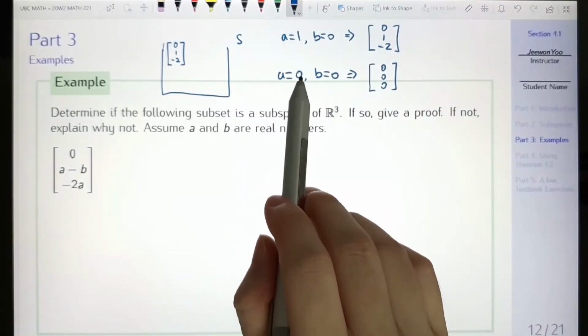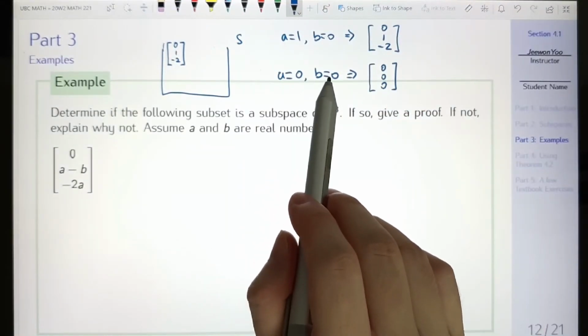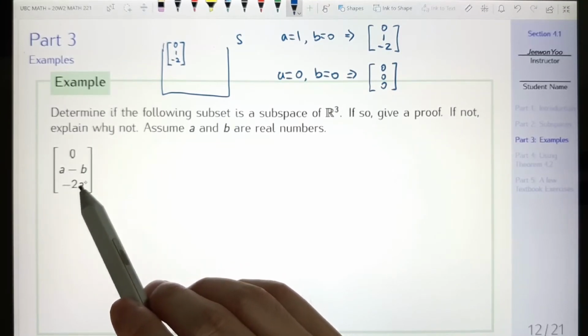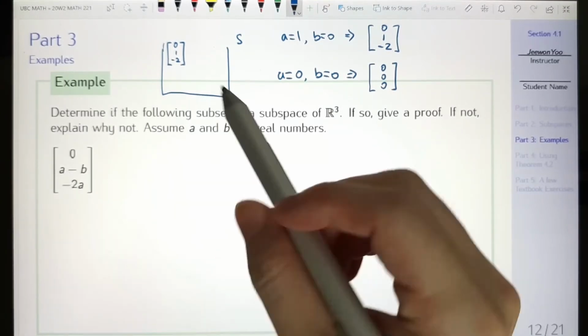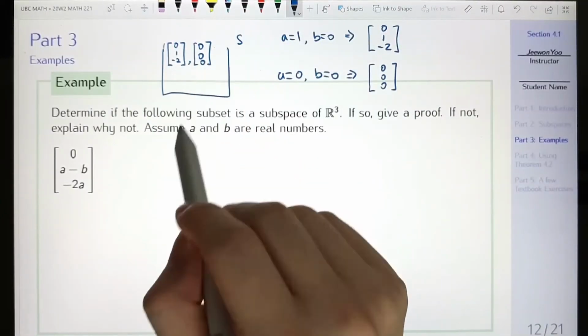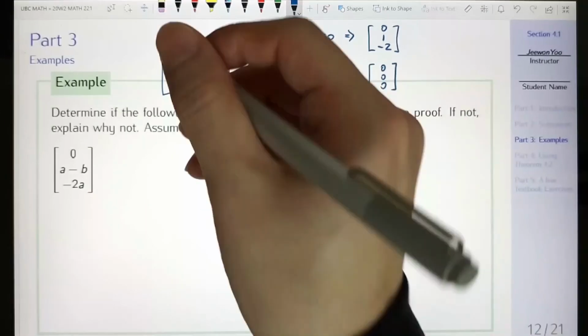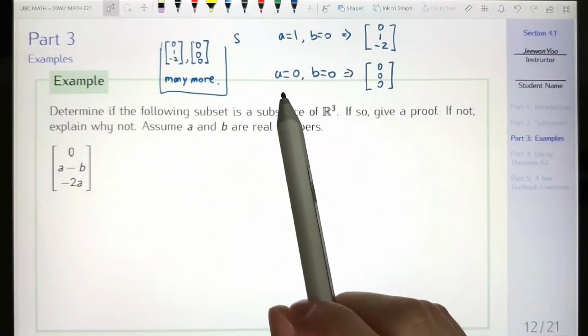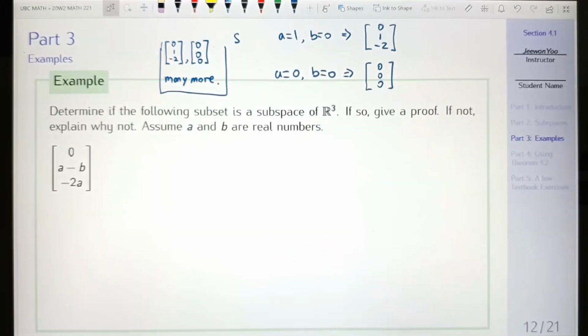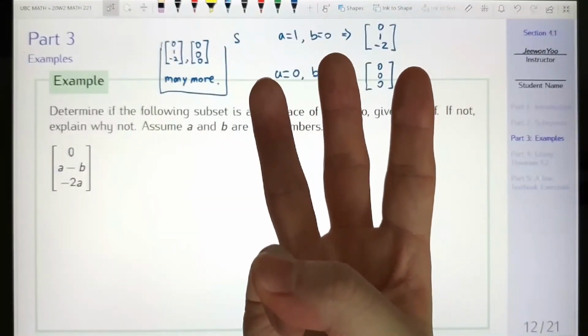If you choose a equal to 0, b equal to 0, then we get 0, 0, 0. Therefore, the 0 vector is in the box, and so on. So now we have a feeling that this might be a subspace. How about we go and check those three conditions?